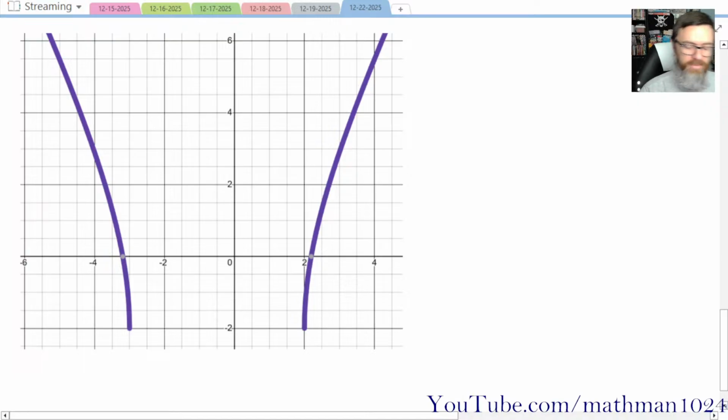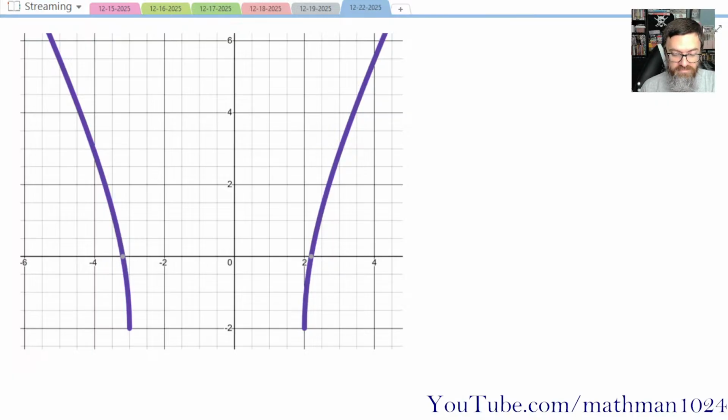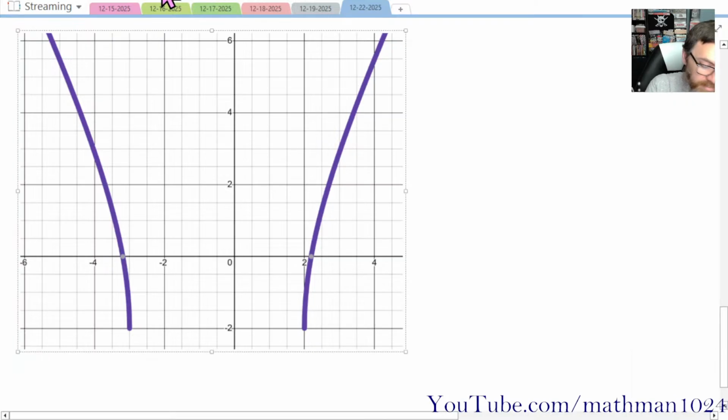All right, so let's look at this graph. Is this representative of a function? Well, if we do the vertical line test, you'll see that the vertical line is fine here and here and here.